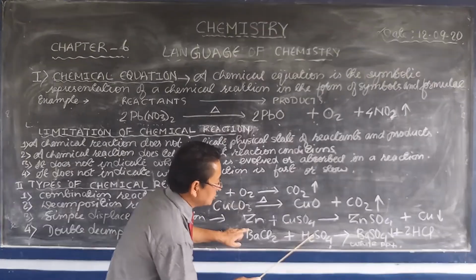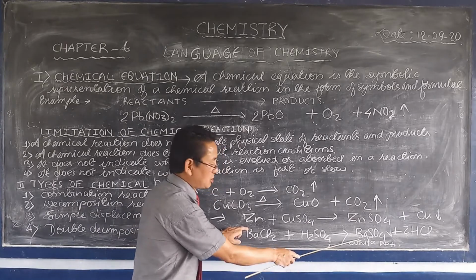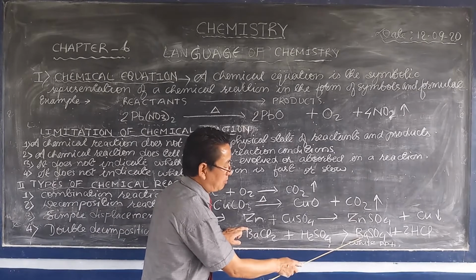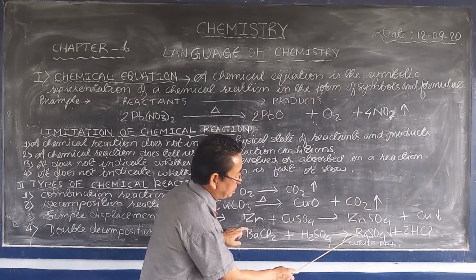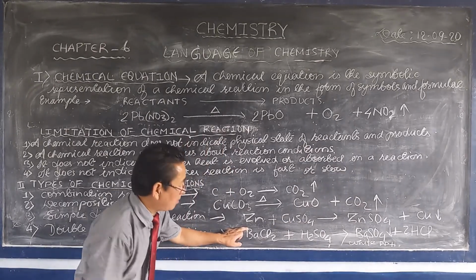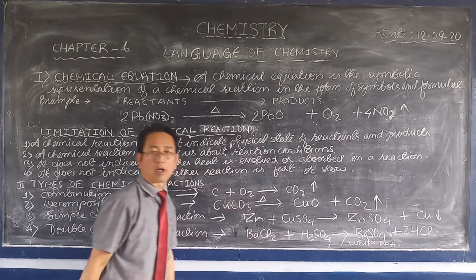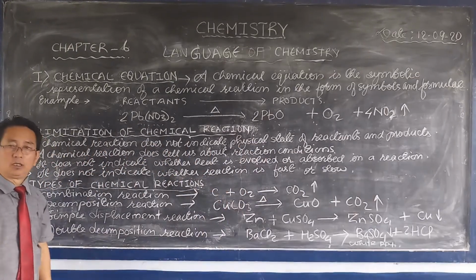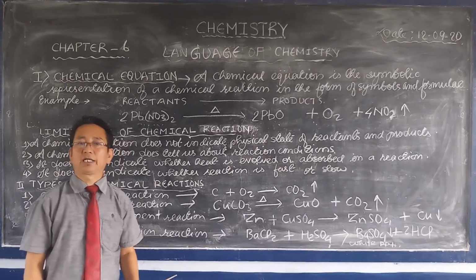Barium combines with the sulfate of dilute sulfuric acid, so an insoluble white precipitate of barium sulfate is formed. Then hydrogen combines with chlorine, so hydrogen chloride is formed. This is an example of a double decomposition reaction.